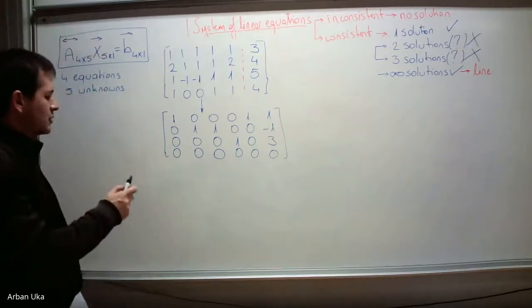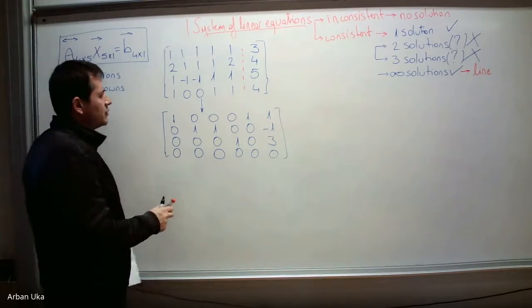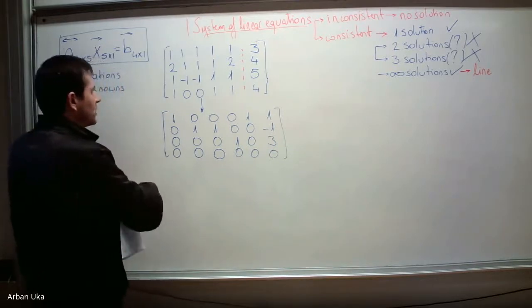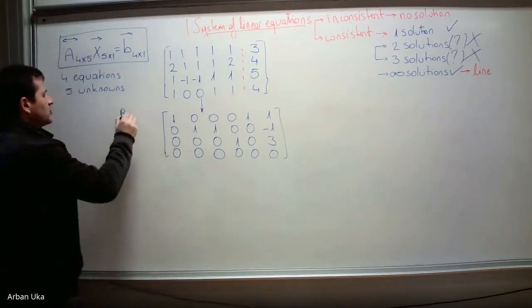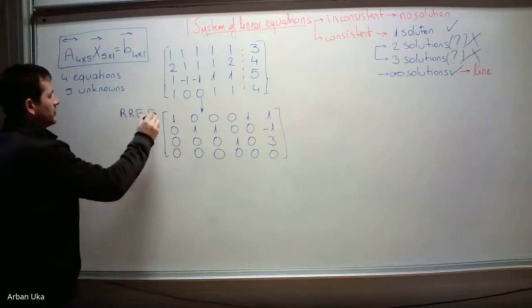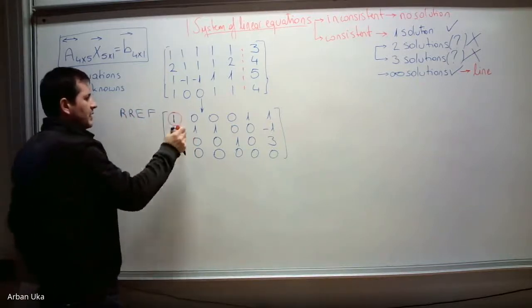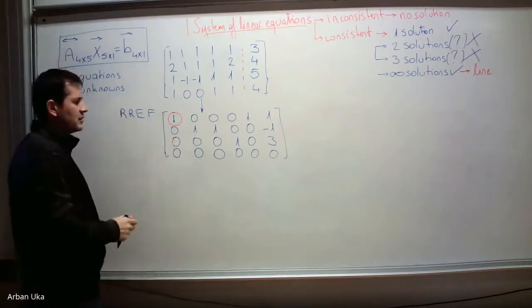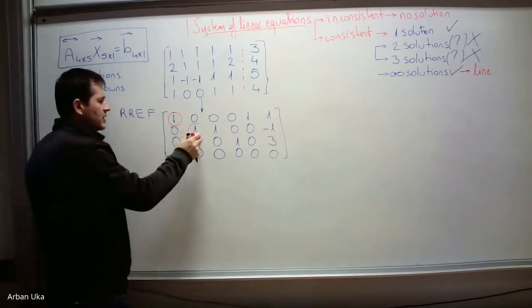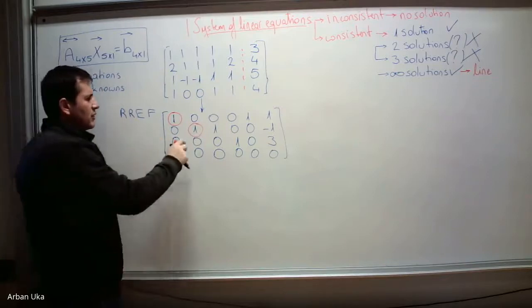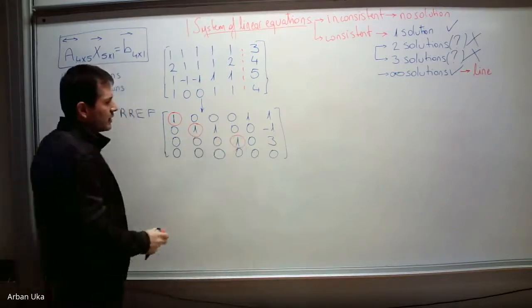Okay, so if we look at this final reduced row echelon form, the leading ones are these. In the first row, this is the leading one. In the second row, this is the leading one. In the third row, this is the leading one.